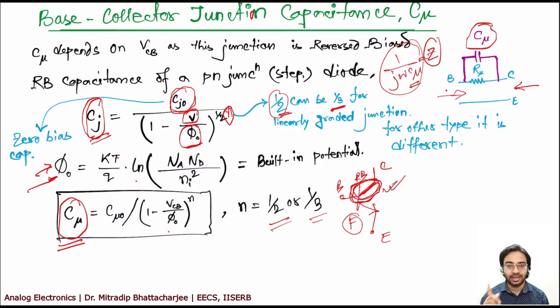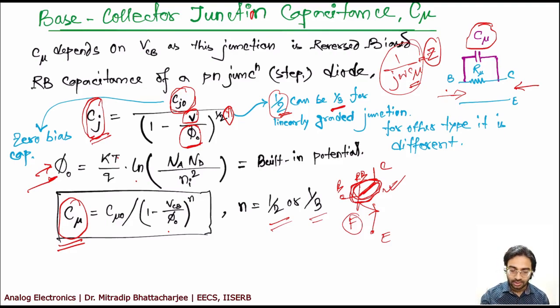We will see based on the cases. Generally R mu is very high and C mu is very small, but you have to remember there is a time relationship, because RC means a time constant. If there is a time constant, there is a frequency component there, so there is a time relationship between the base side and the collector side.